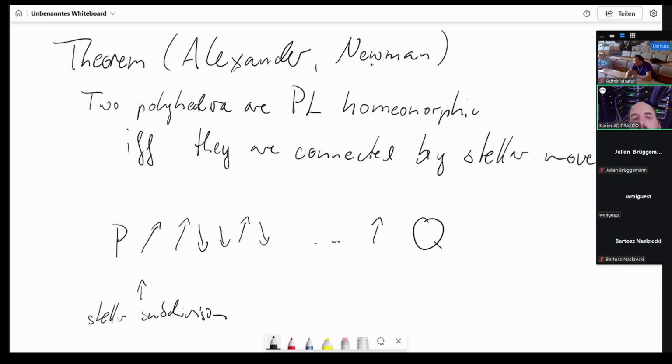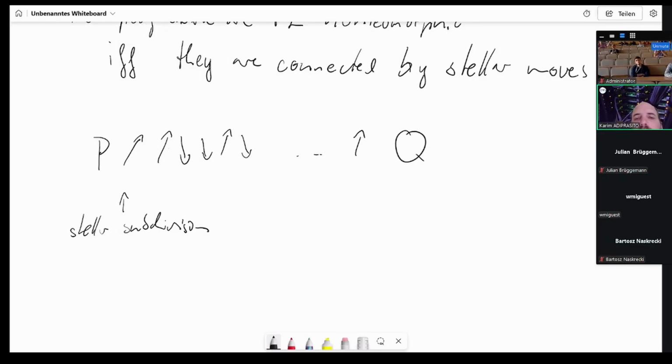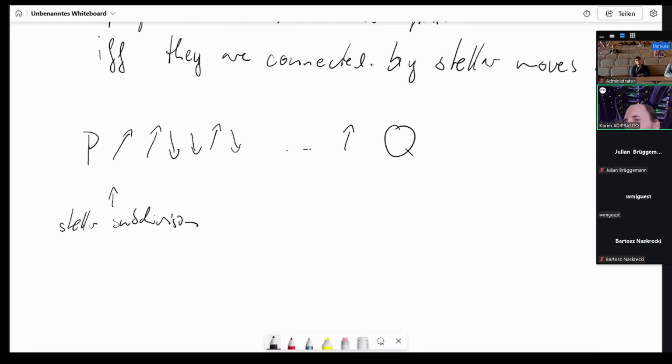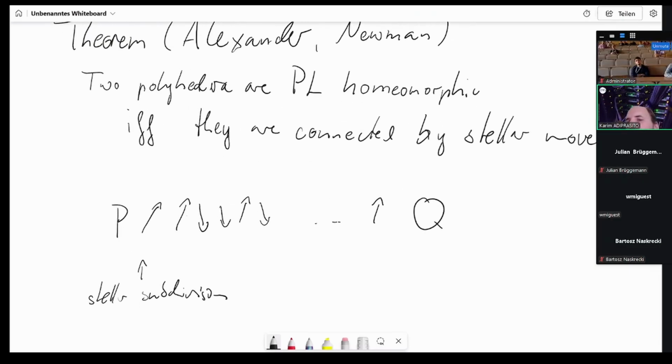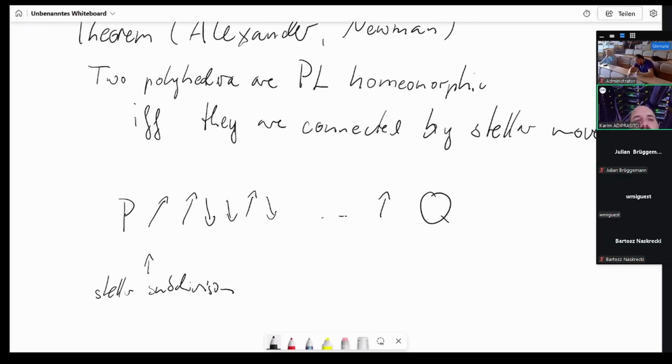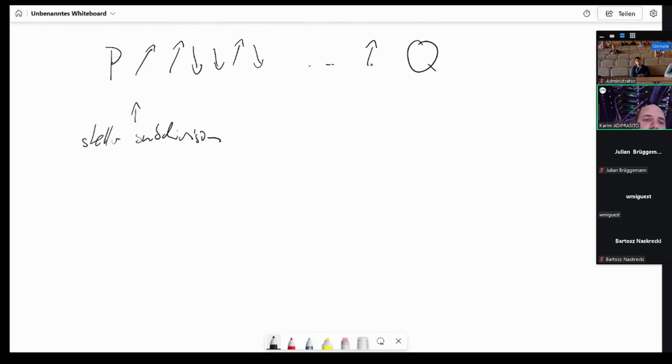Okay. So that's a very nice thing to do, right? Now I basically construct one way of thinking about this. I factorize this PL homeomorphism into very elementary moves. And one of the first questions that arose in this subject and that stayed open until a year ago was the following.